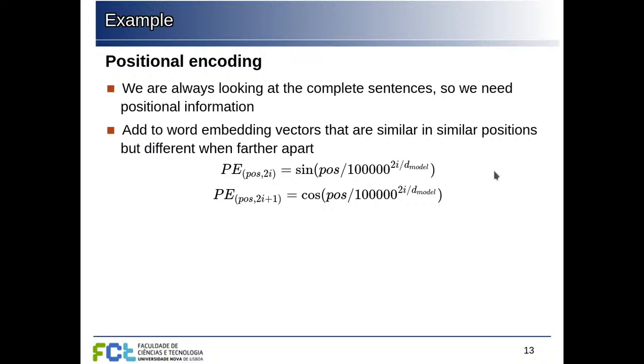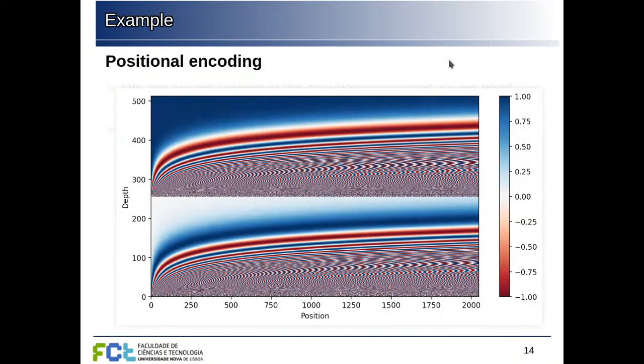For example, we are using vectors of 128 numbers to represent the words. This would be 128 here. And we are using sine for the even indices in our vector and cosine for the odd indices. And this is the position in the sentence. So these strange formulas give something that looks like this.